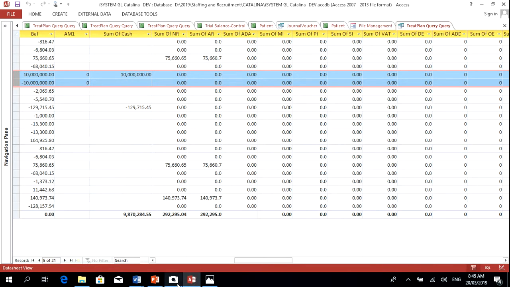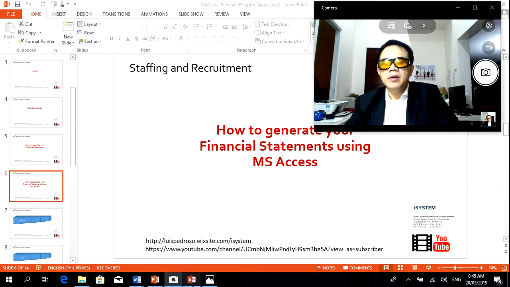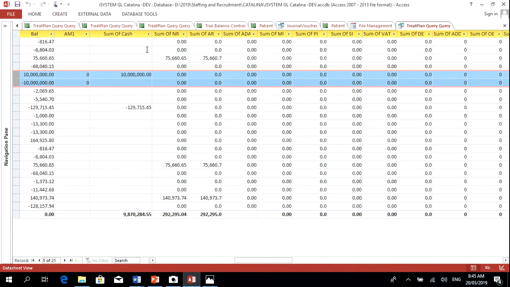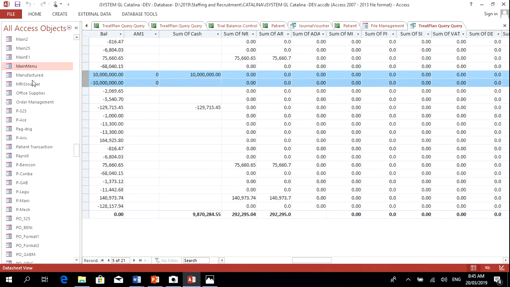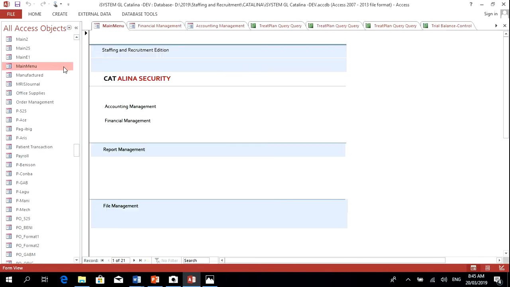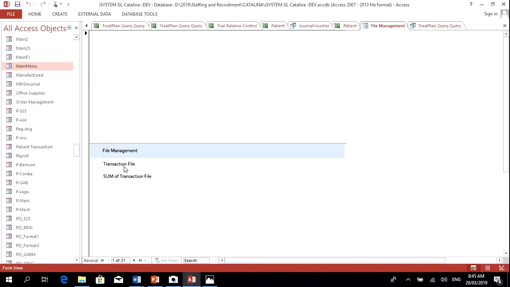It is found on this particular line, the mother transaction file, which is what? The mother transaction file is here.